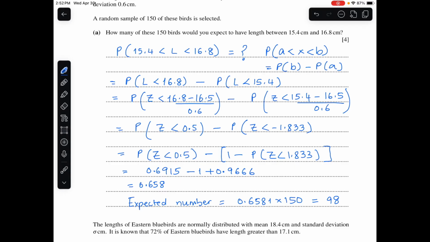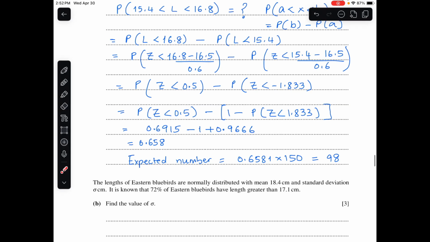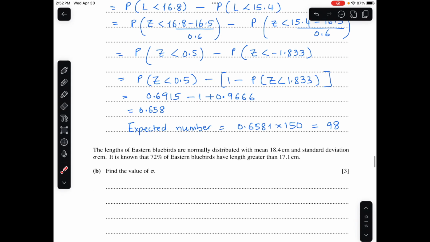All right. Now, part B. The lengths of eastern bluebirds are normally distributed with mean 18.4 and standard deviation sigma. It is known that 72% of eastern bluebirds have lengths greater than 17.1. We need to work out the value of sigma.